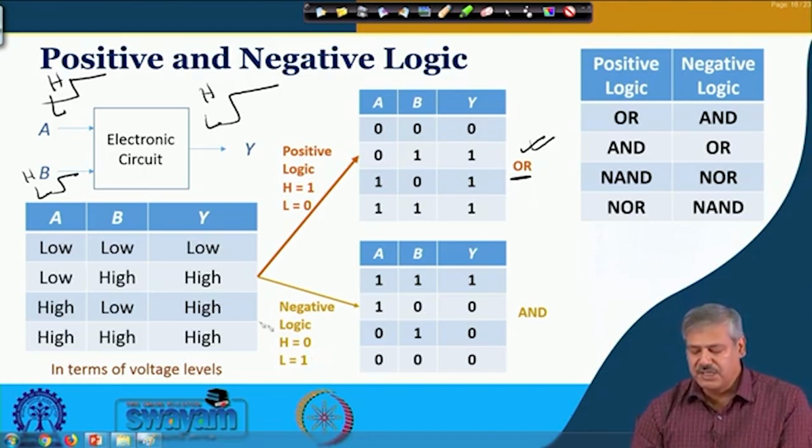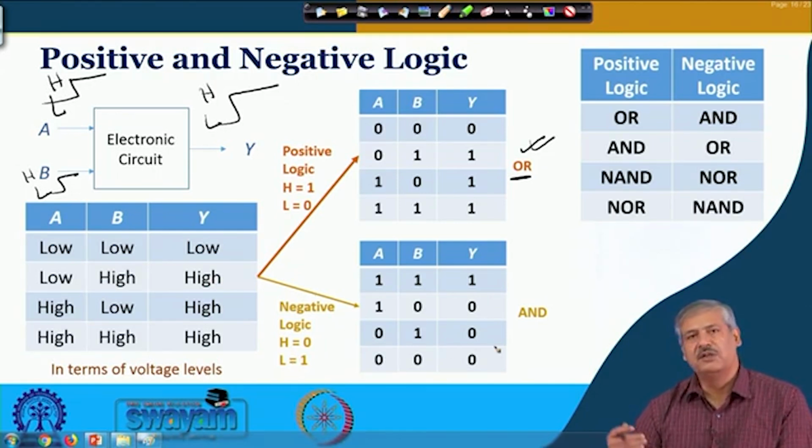So, in that case the low low becomes 1 1, because low is 1. Low high is 1 0, and the output is high, which means binary value 0. So, then 1 0 0, 0 0.